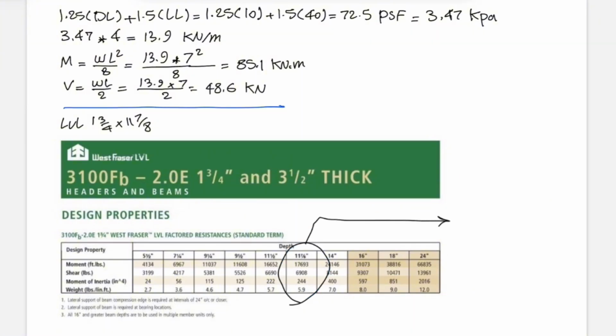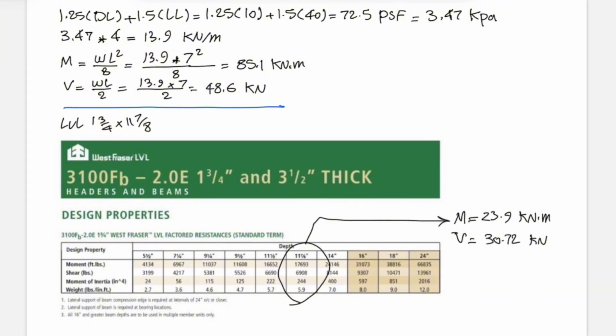This is in imperial, so we have to convert to metric first. It's going to be 23.9 kilonewton meters for moment. For shear, it's going to be 30.72 kilonewtons.